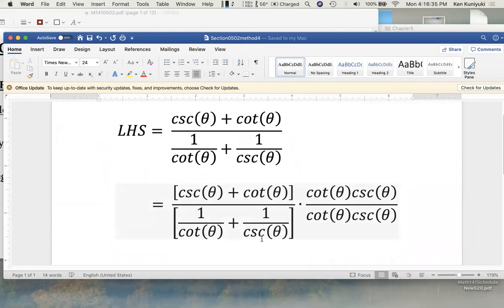My goal is to ultimately clear these fractions down here. So I'm going to multiply this fraction by 1. Again, don't worry about domain issues right now. I'm going to multiply by 1 in the form cotangent of theta times cosecant of theta times itself. The goal being for this product down here, when it distributes through, I'm going to clear the fractions down here.